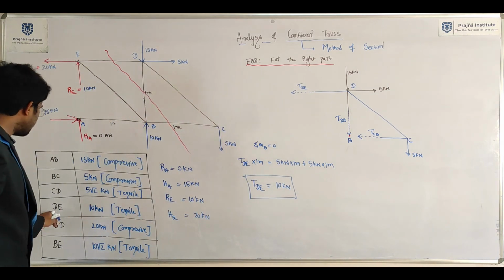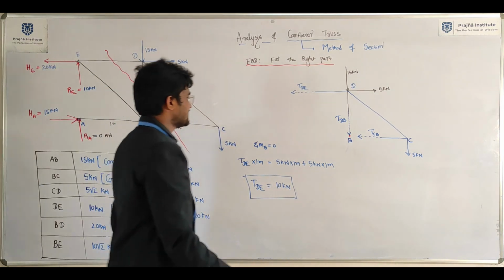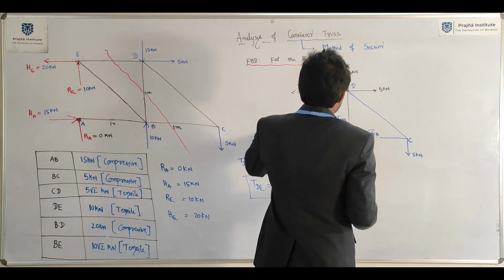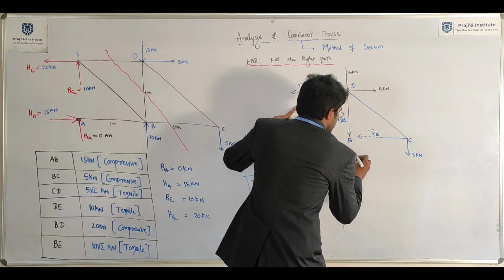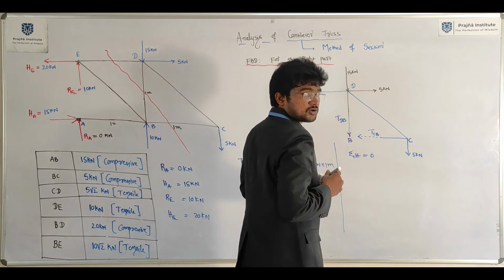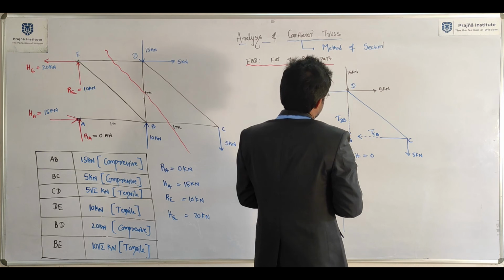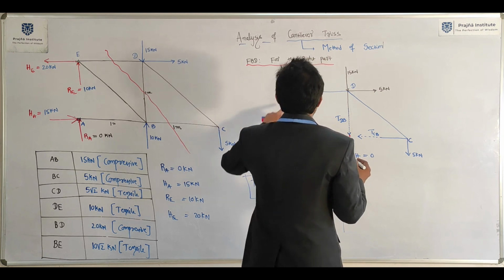What is the force in the member DE? 10 kilonewton tensile. Next, apply sigma H equal to 0. Yeah, this is very simple. In this case, the sum of the left forces equals the sum of the right forces.